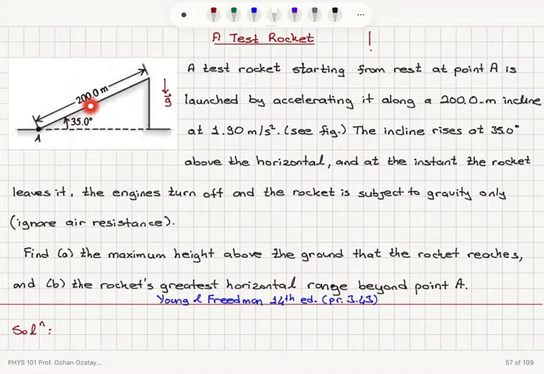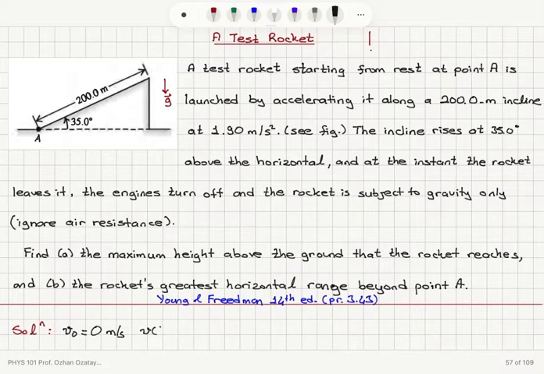So the rocket will be launched from rest at point A, go through this incline, and then it will have this projectile motion. First of all, we start from rest, so V0 is equal to 0 meters per second.